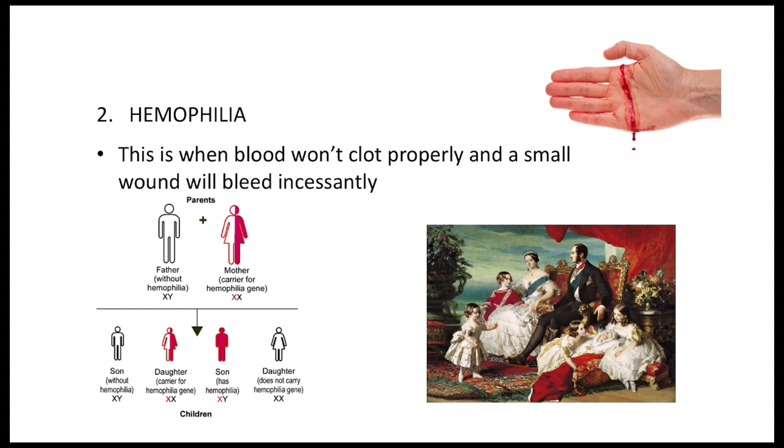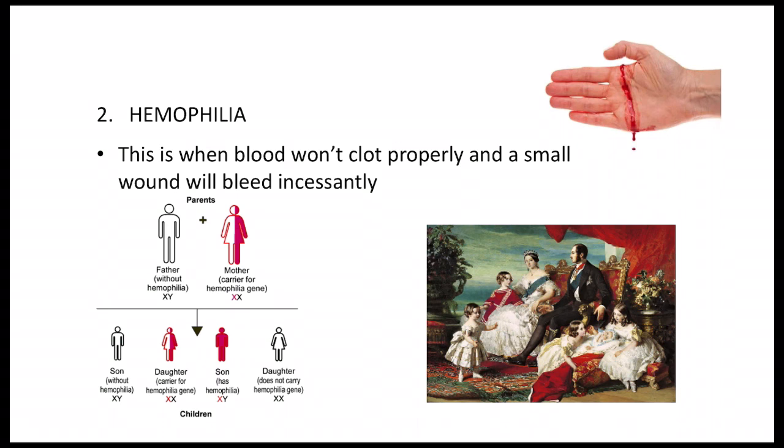And then from that, if we had 4 kids, we would have a son with a normal X from the mom, meaning that they don't have hemophilia, a daughter who would be a carrier as she inherited the allele for hemophilia from her mom, but she would be normal, she wouldn't have the disease. Then there would be potential for a son who has hemophilia, so he got the affected X from his mom and the Y from dad. And then there's a daughter who got a normal X from dad, a normal X from mom, so she does not carry the trait.